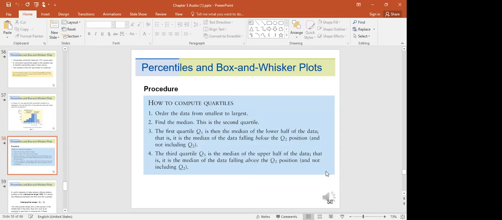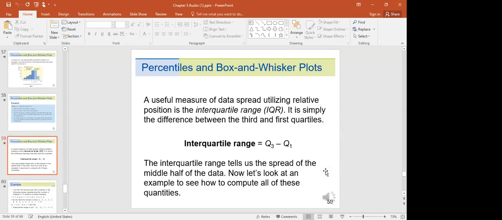Quartiles are used to divide data values into 4 equal parts. The first quartile is the 25th percentile. The second quartile is the median. The third quartile is the 75th percentile. We can think of the second quartile as the median, at the middle, which divides the data into 2 parts, a lower part and an upper part.